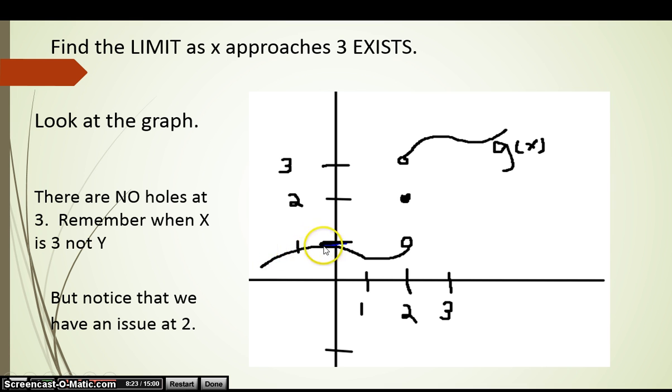As x approaches 2, that approaches 1 from the left and 3 from the right. So the limit does not exist because we have a jump. But that specific point does exist. There's a difference between getting an answer and getting a limit. And we'll have to go into that in a little bit as well.